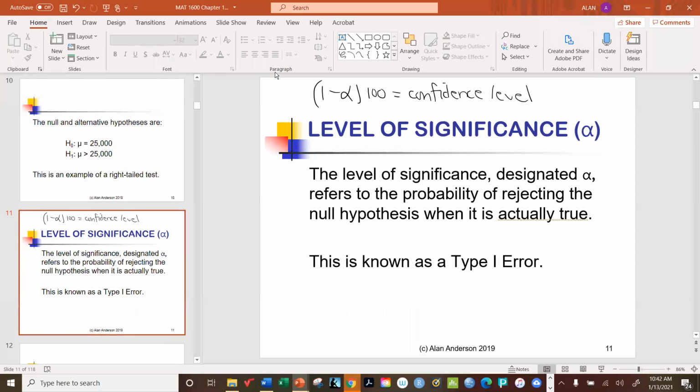So that if alpha is 0.05, that implies that we're looking for a 95% confidence level. So the alpha itself has its own name. It is referred to as the level of significance.